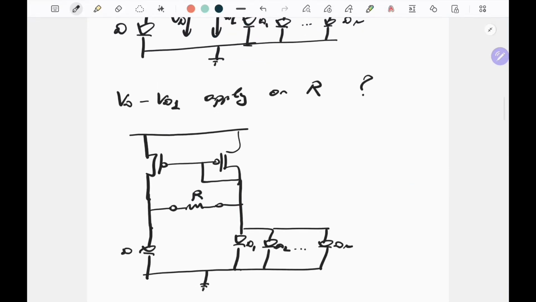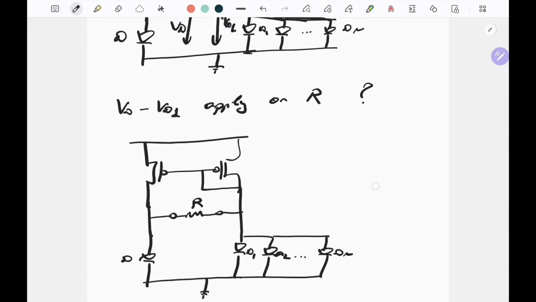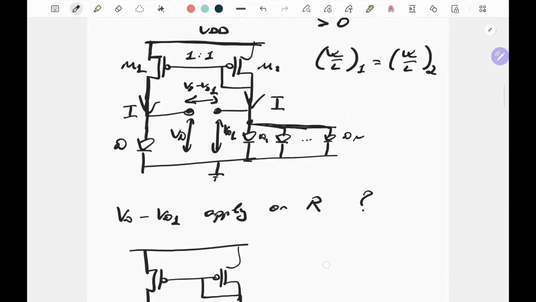Now the problem with this circuit is that the moment we add this resistor between these two terminals, it behaves completely different from what we have here when the resistor is absent.